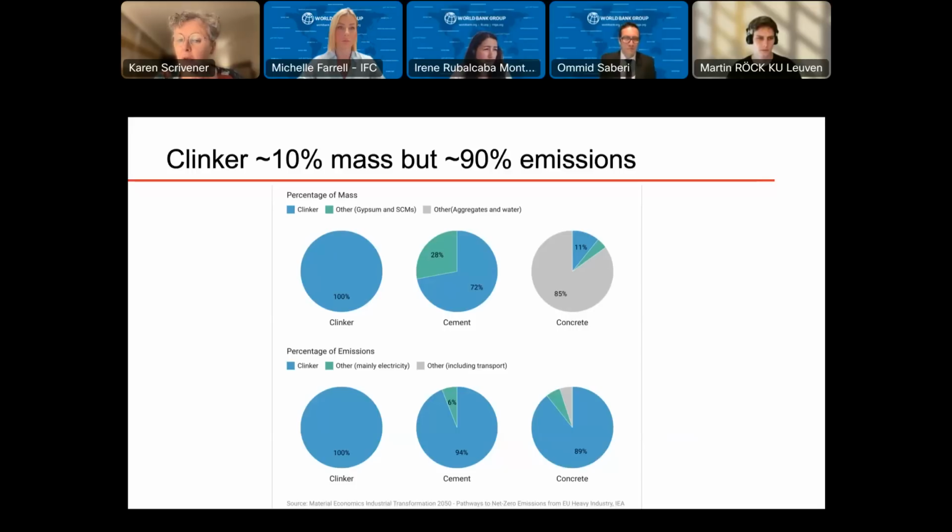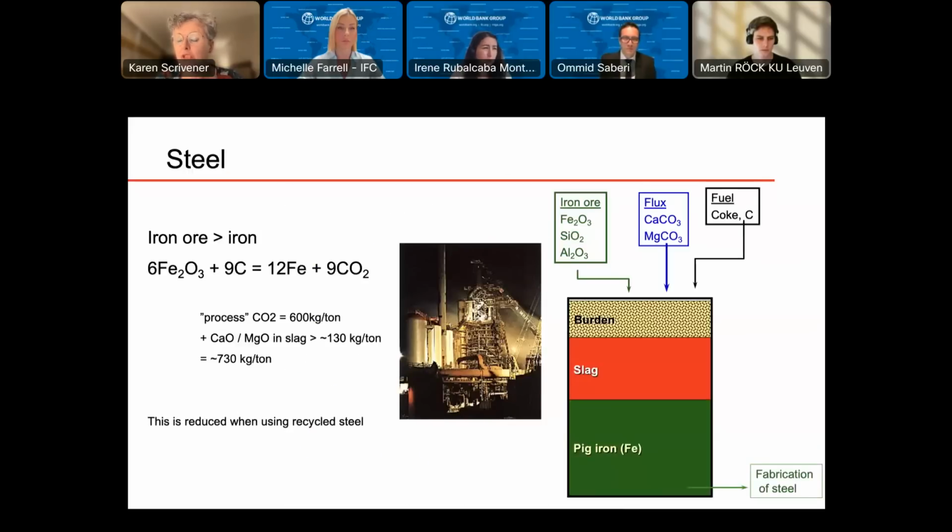Now, it's not so well known, but actually it's a similar story when we look at steel, because when we produce steel, we start with iron ore. Iron ore is iron oxide. And even though people think that the carbon we add is mostly fuel, this is not in fact true, because a lot of that carbon is used to take the oxygen from the iron, so that we go from iron oxide plus carbon to iron plus CO2.